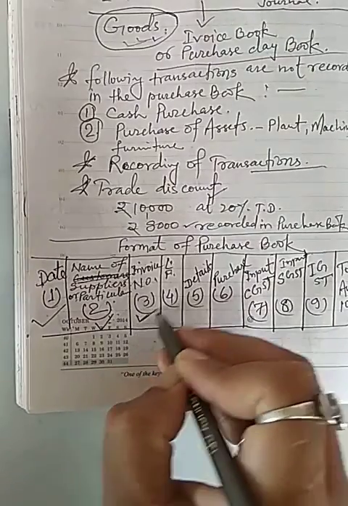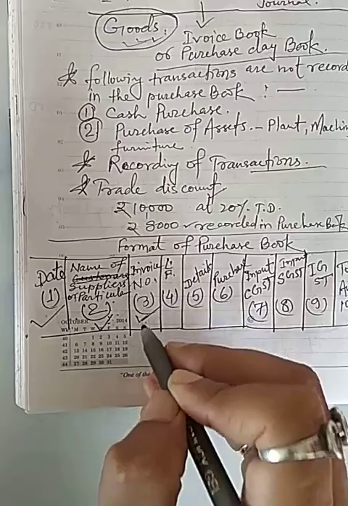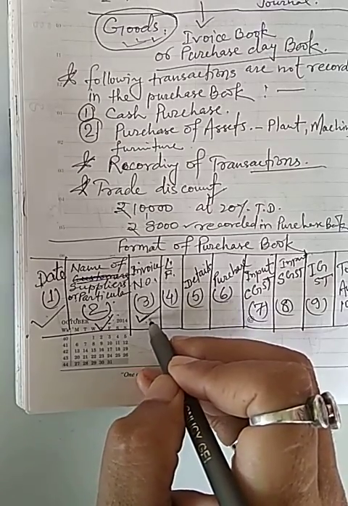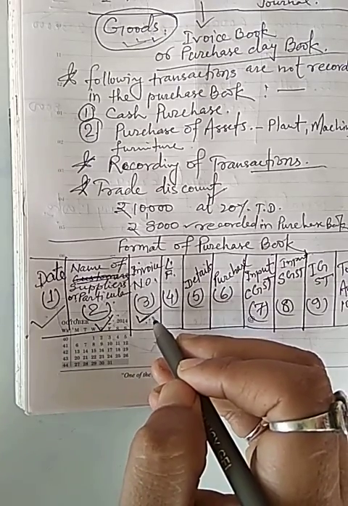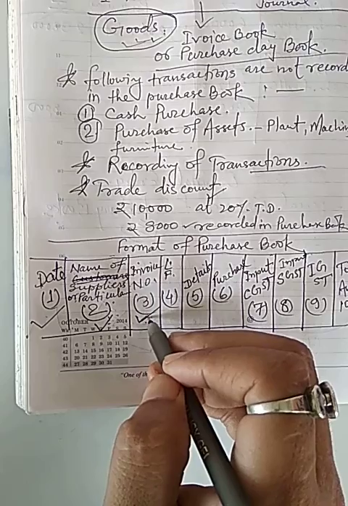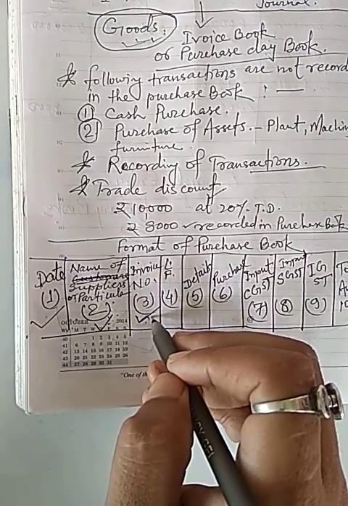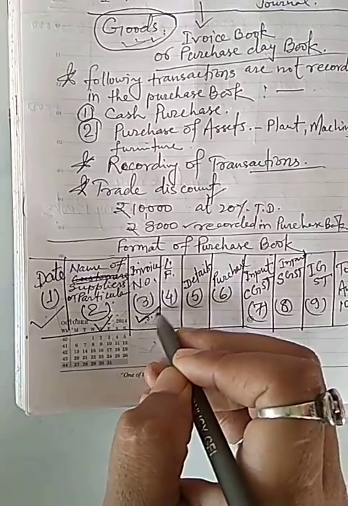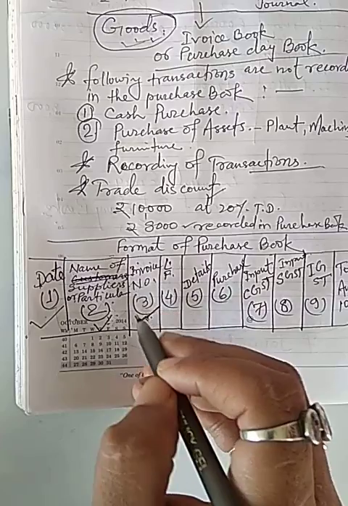Third column is related to invoice number. The number of the invoice or bill on the basis of which the transaction is being recorded in the purchase book is maintained in this column. Invoice number will also be given in the question.